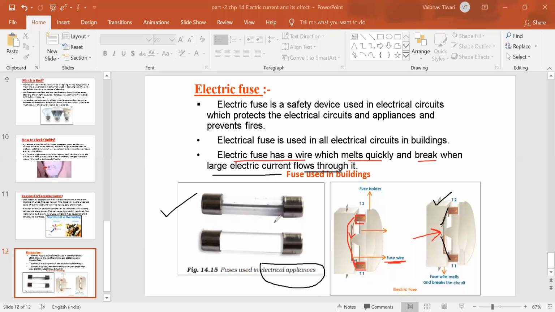For example, even a TV has this. Different small electrical appliances all have these small kinds of fuse. They are very small, even smaller than your fingers.